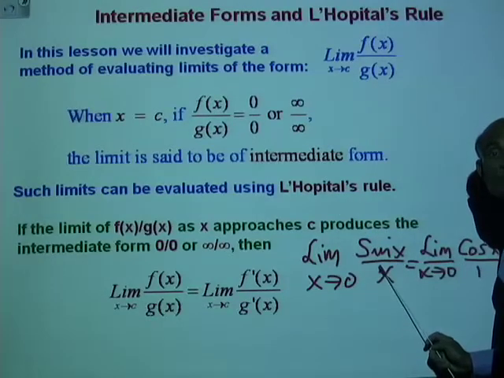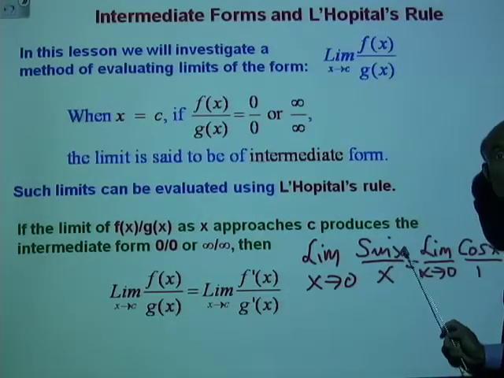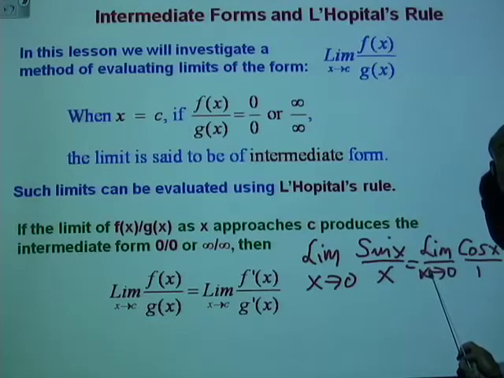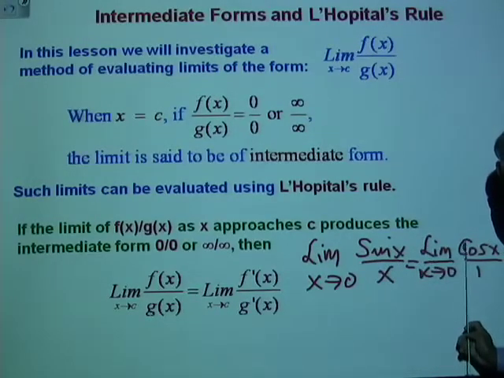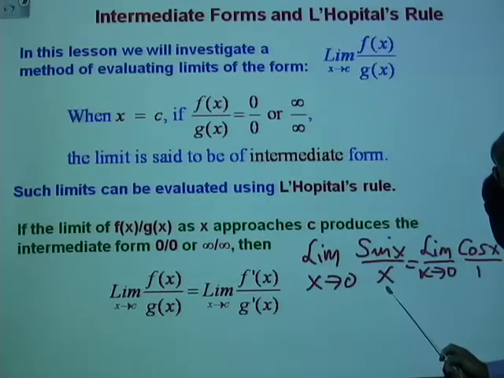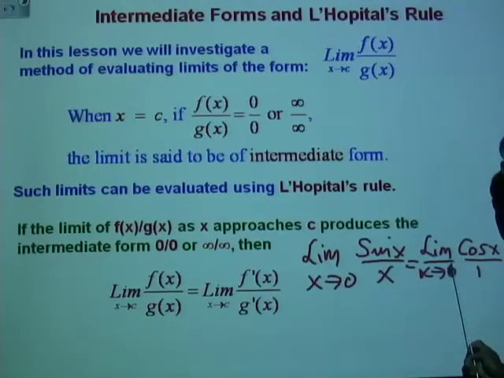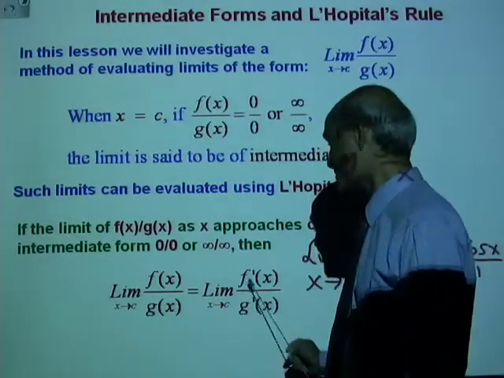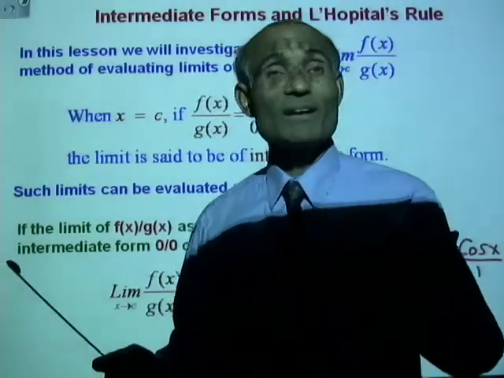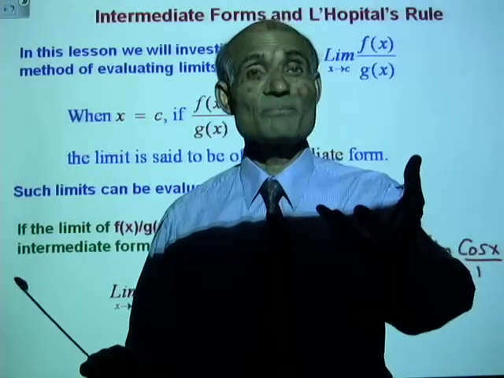If so, the rule says this will be the same as the limit as x approaches 0 of the derivative of sine x, which is cos x, divided by the derivative of x, which is 1. Now replace your x by 0. What is cos of 0? Cos of 0 is 1, and 1 divided by 1 is 1. The value of that limit is 1, and you can prove that graphically.